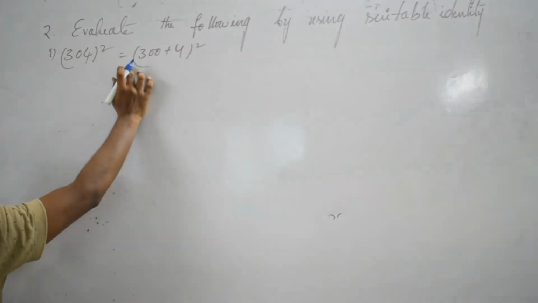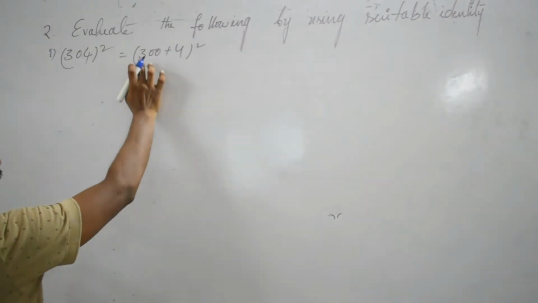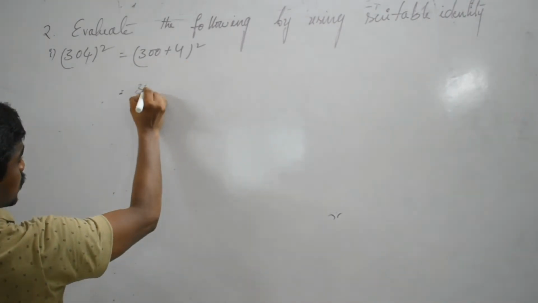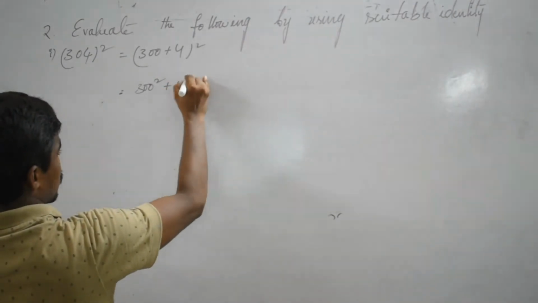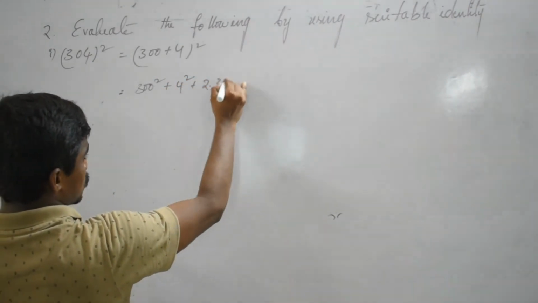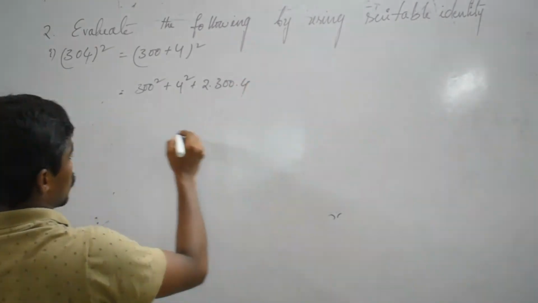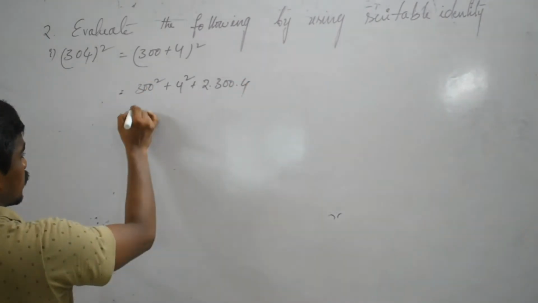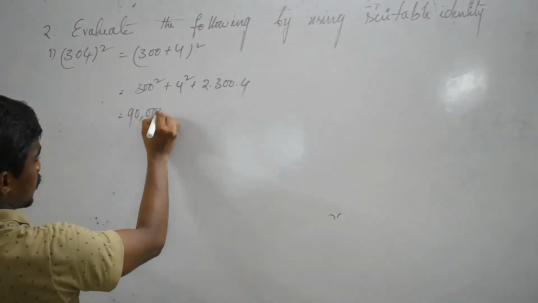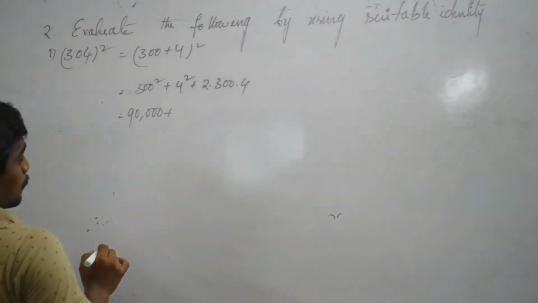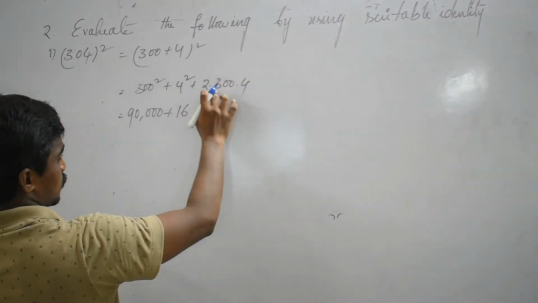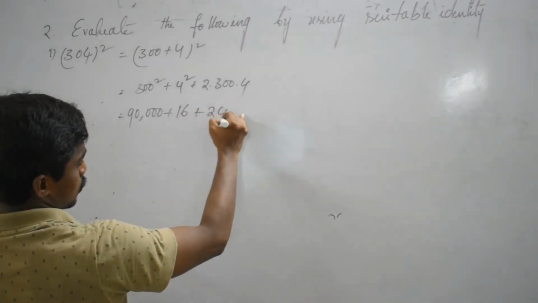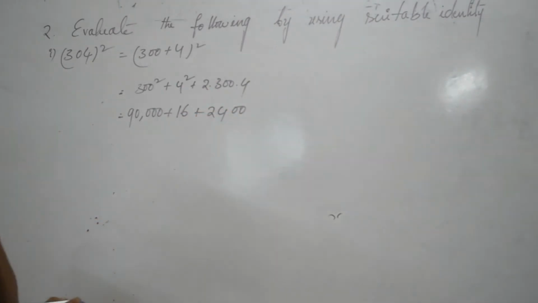Now this is (a + b) whole square: 300 square plus 4 square plus 2 times 300 times 4. 300 square is 90,000, plus 4 square is 16, plus 2400.